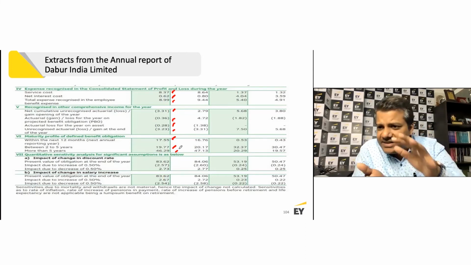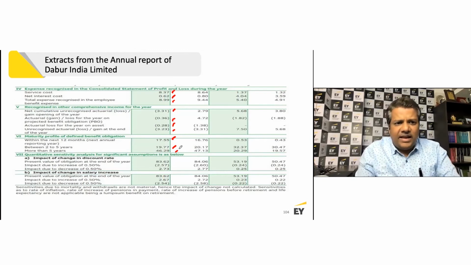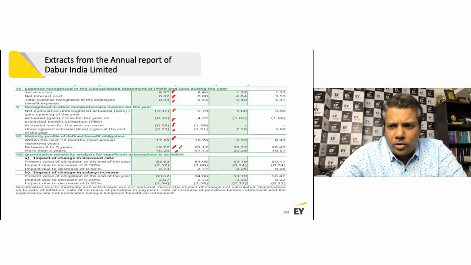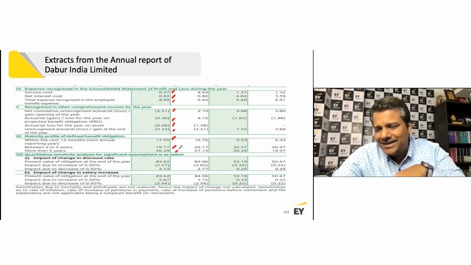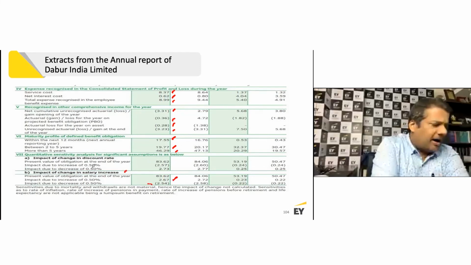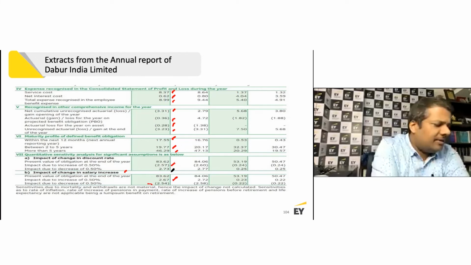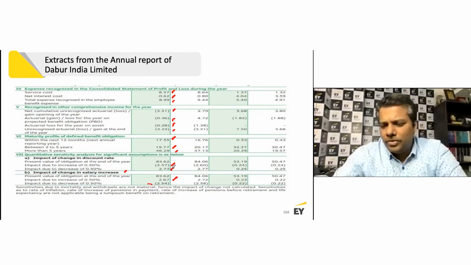Impact of change, the sensitivity analysis, right? If I change my discount rate by 0.5%, my liability will go up or down depending on the direction. Higher discounting, the liability will come down. But in a depressed interest rate environment, my liability is going to go up.